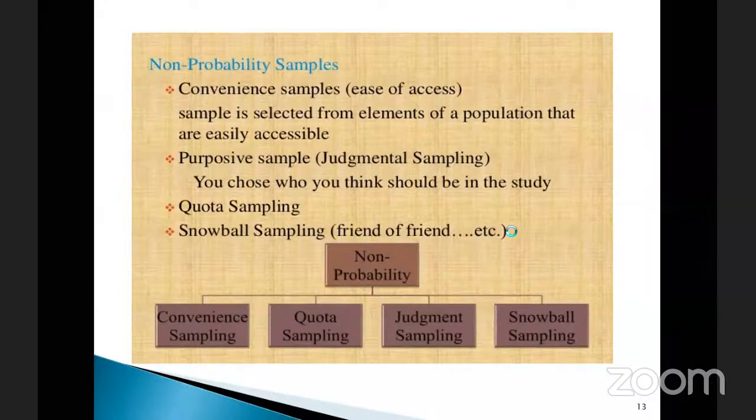Purposive sample is judgmental. You choose the judgment of the researcher. Let me give you a typical example. If we want to study Nigerian pharmacies, we can say we go and study pharmacies in Lagos, and somebody will say, but you did this study in Lagos, pharmacists in Lagos.